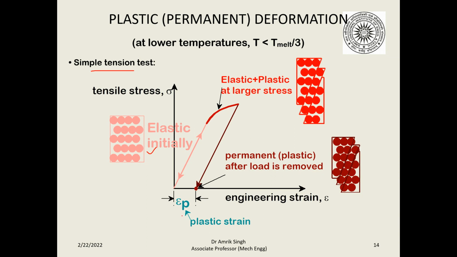This much is the permanent set, or we call it plastic strain. So it is permanent plastic deformation after the load is removed. You see it has not come along the same way. If it were perfectly elastic, it should come back on this line, but because of the imperfections, some plastic deformation takes place. This is a permanent set, or plastic strain.